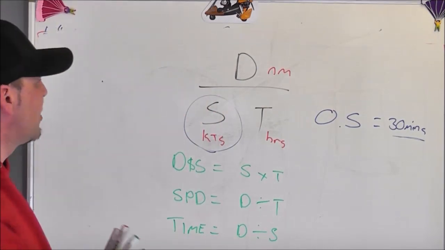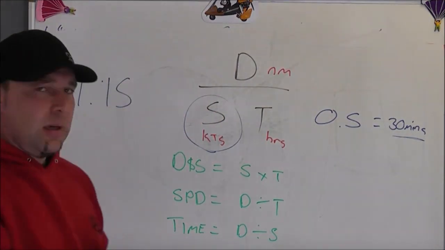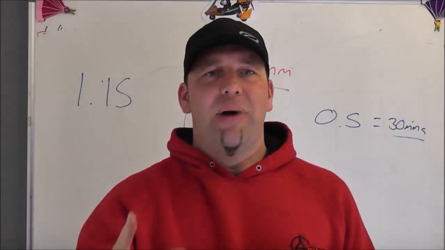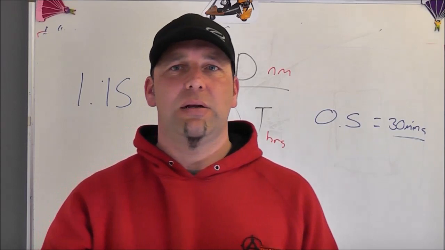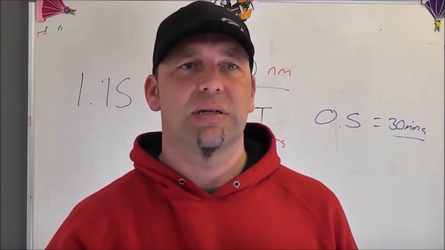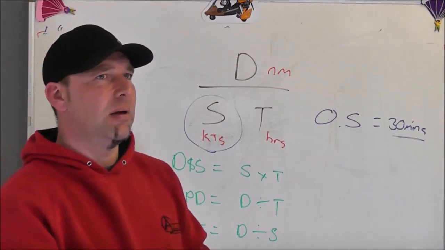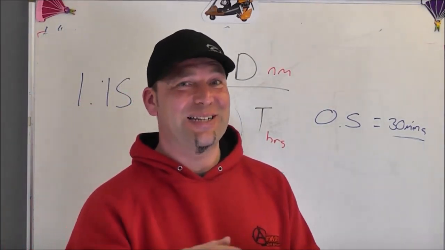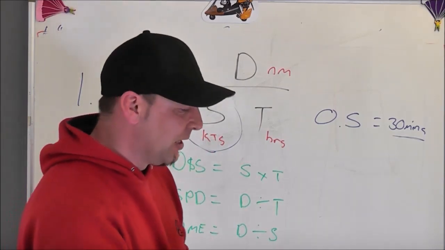And the figure I want you to remember is 1.15. A knot is longer than a mile. Yeah, 1 mile equals 1.15 nautical miles.